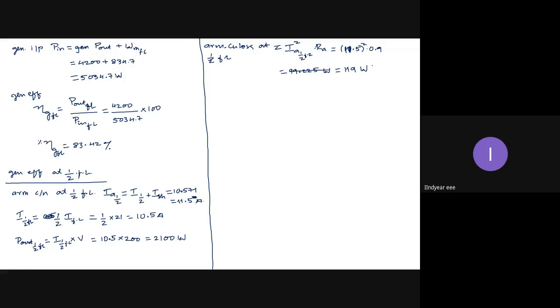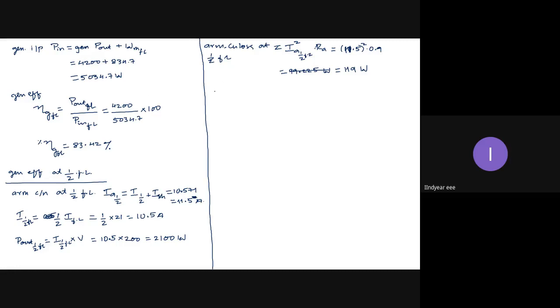It is IA squared. When IA decreases by 2, armature copper losses decrease by 4. So here, armature copper losses at half the full load is 119 watts.